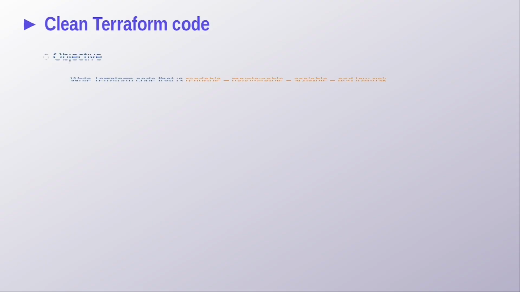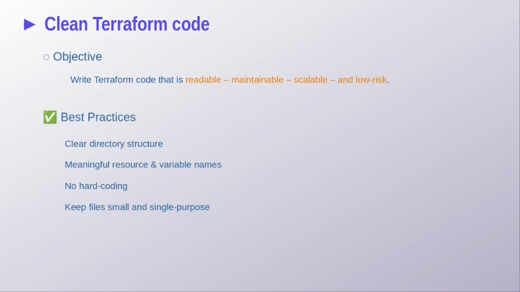Clean Terraform code. Objective. The goal of clean Terraform code is very simple: write code that is readable, maintainable, scalable, and reusable. Remember this, you will read Terraform code many more times than you write it, so clean code really matters. Best practices: clear directory structure.